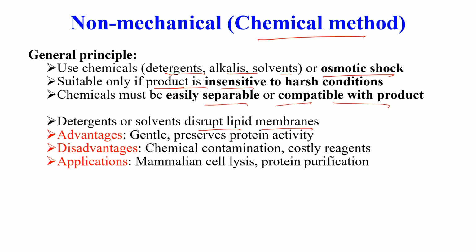It has certain advantages, like it is a gentle method and does not apply high mechanical force. Disadvantage: as you are using chemicals, there are chances of chemical contamination and reagents may be costly. Detergents and these methods are mostly used for mammalian cell lysis and for the purification of proteins.